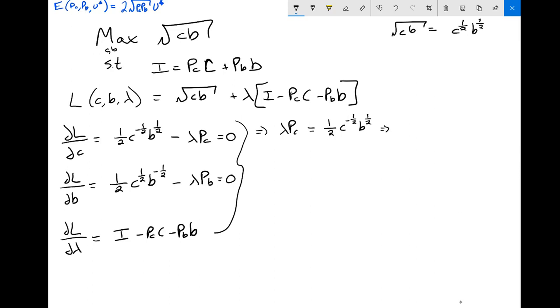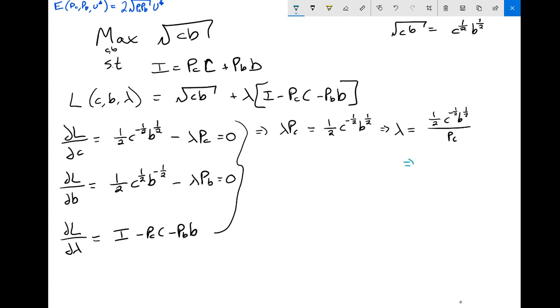That will give us lambda equals 1/2 c to the minus 1/2 b to the 1/2 divided by pc. Now, just as before, we might prefer to simplify this. I do. So I'm going to simplify this.